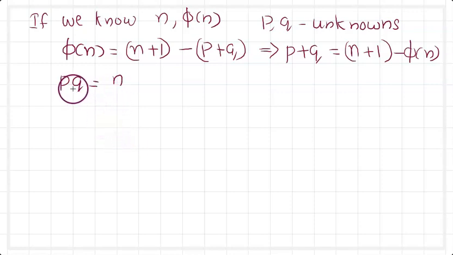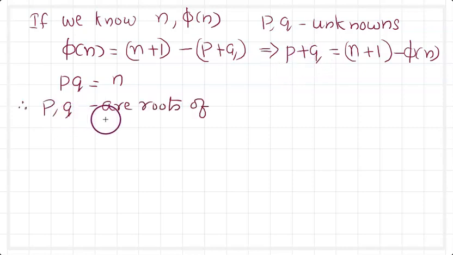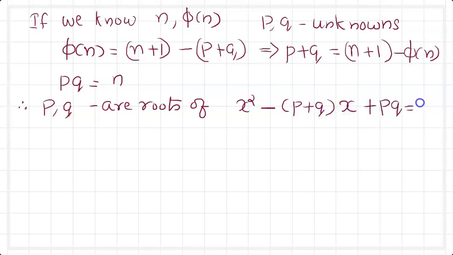So we have the product pq and the sum p plus q. Then we can see that p and q are the roots of the quadratic equation x squared minus (p plus q) times x plus pq equal to 0, since the polynomial on the LHS is in fact the product (x minus p) times (x minus q).